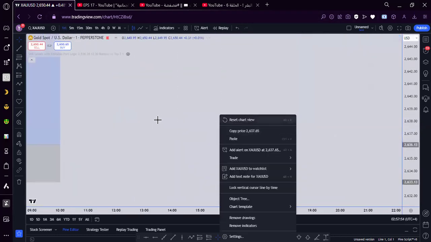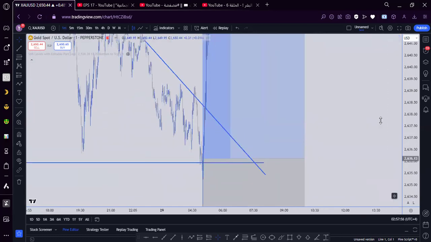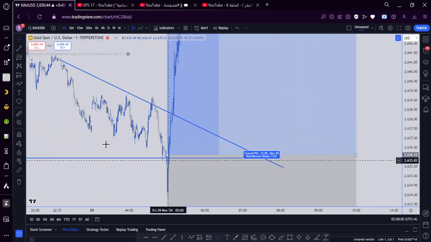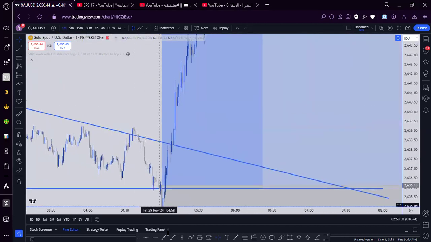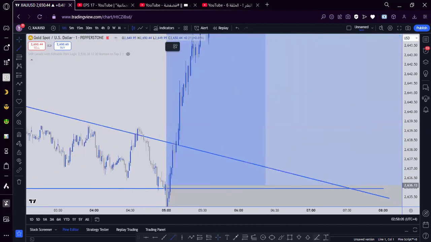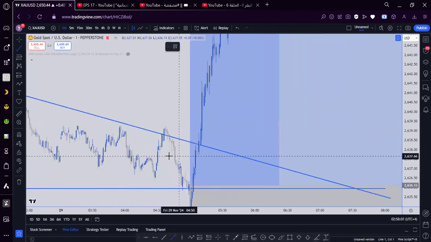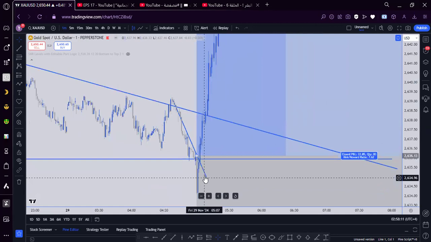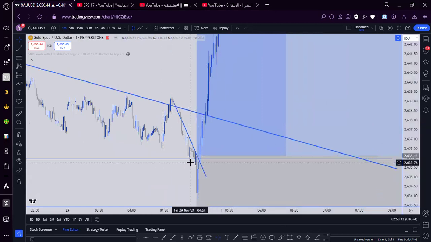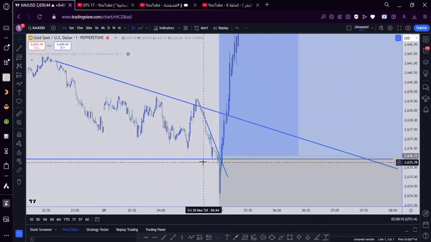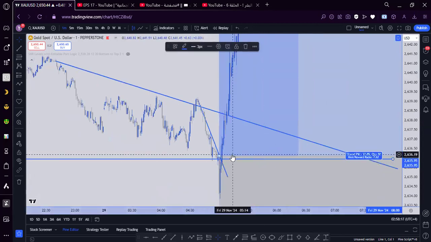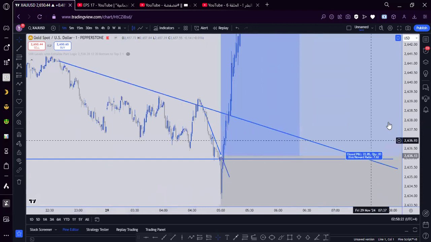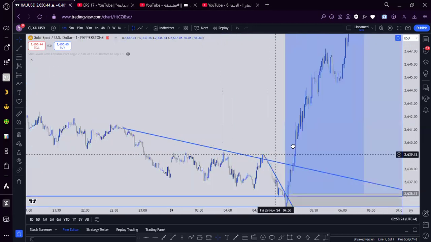Let's check the 1 minute also. On the 1 minute, yes, there is also this breaking 1 minute key. You can also take all the confirmations align with the same entry. It's very good.